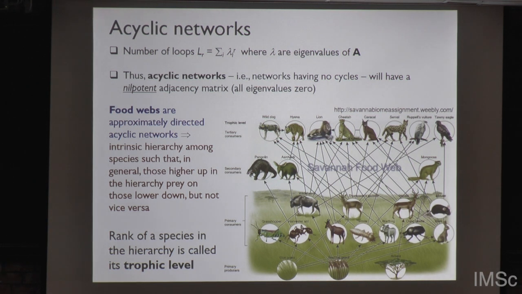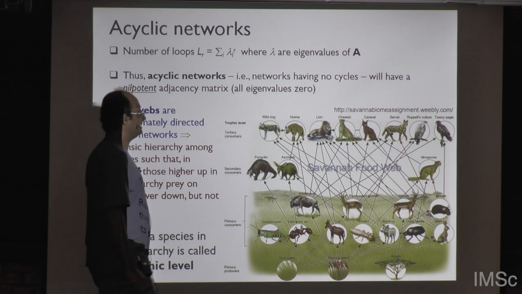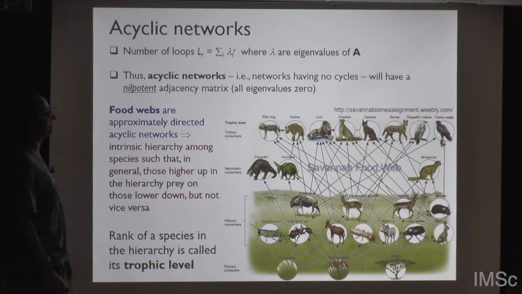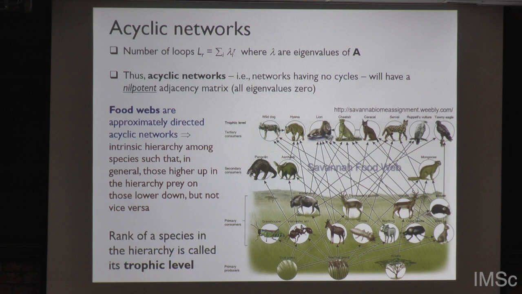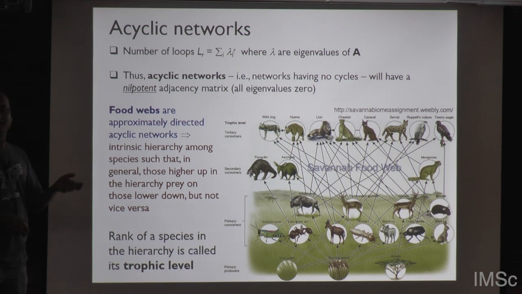And the reason why finding cycles is often important is because, as I mentioned, several biological networks are very close to being acyclic, and one prime example is the case of food webs. Typically when you talk about food webs, these are directed networks where an arrow exists from a prey species to a predator species.